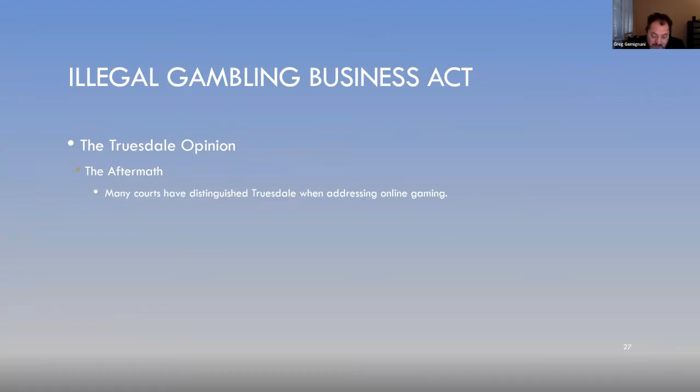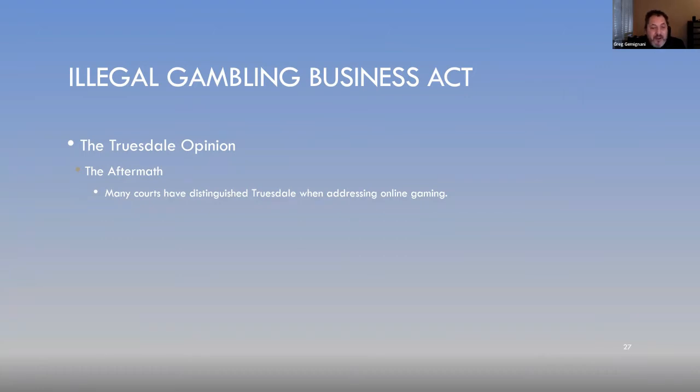And the court, like I said, goes out of its way to say that they probably did do these other things that are illegal under Texas law that they could have been convicted for, and that would serve as a predicate state offense for conviction under the Illegal Gambling Business Act. But that's not what they were charged with. That's not what the jury came back with. So for me, the takeaway is that you have to be charged with an offense you actually committed, not a similar offense that you didn't.